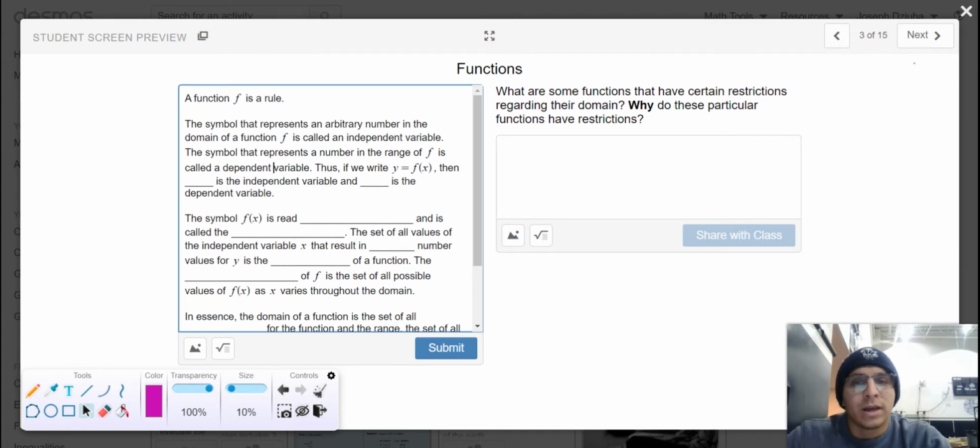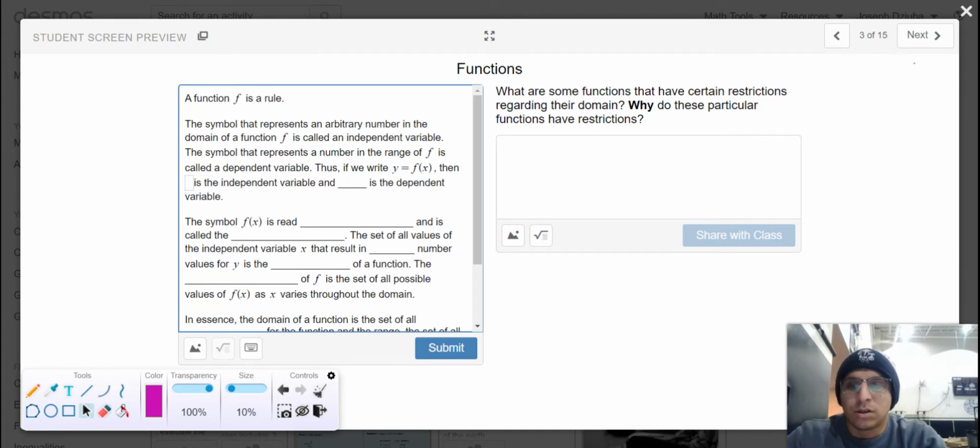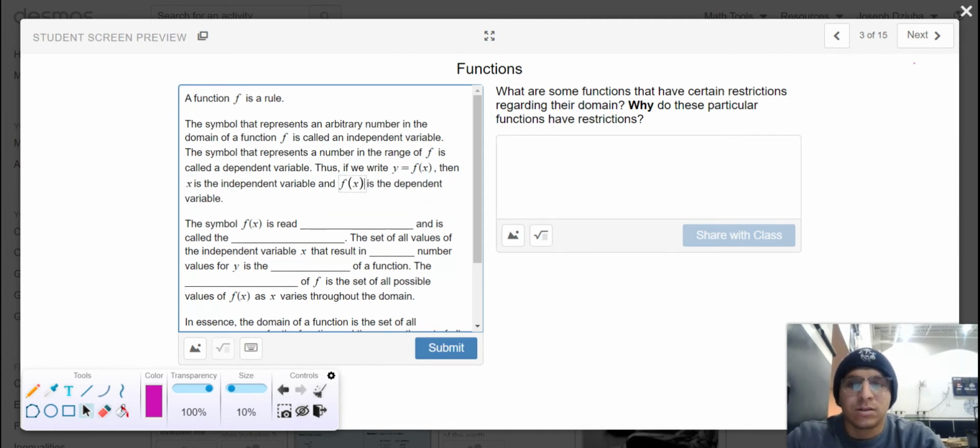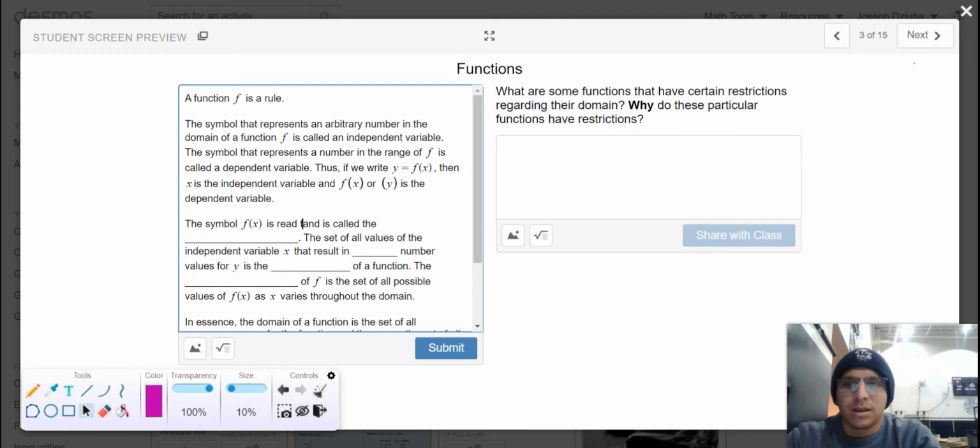Thus, if we write y equals f of x, we internalize x to be the independent variable and f of x, or y, the dependent variable if we want to think of it graphically. This symbol, f of x, is read as I had just said it, f of x, and is called the function notation.